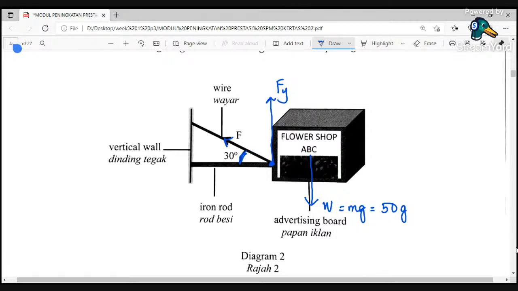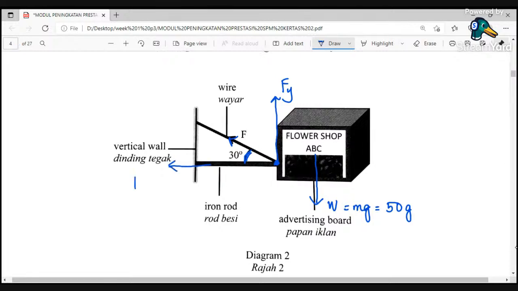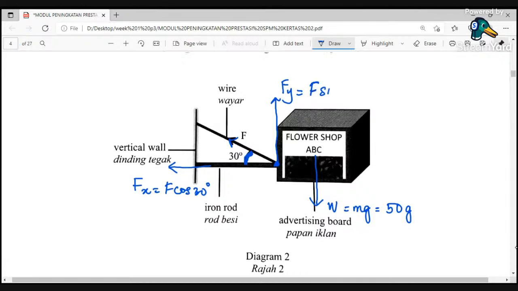Component Fy, you can resolve the two component Fx. Okay. Using the angle 30, you will get here is F cos 30. Okay. For Fy, I'm using the angle given 30. I will get here is F sine 30.